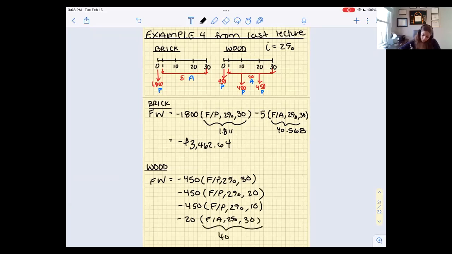We already looked up F given A, 2%, 30, which is 40.568, and F given P, 2%, 30, which is 1.811. What do you get for F given P, 2%, 20?